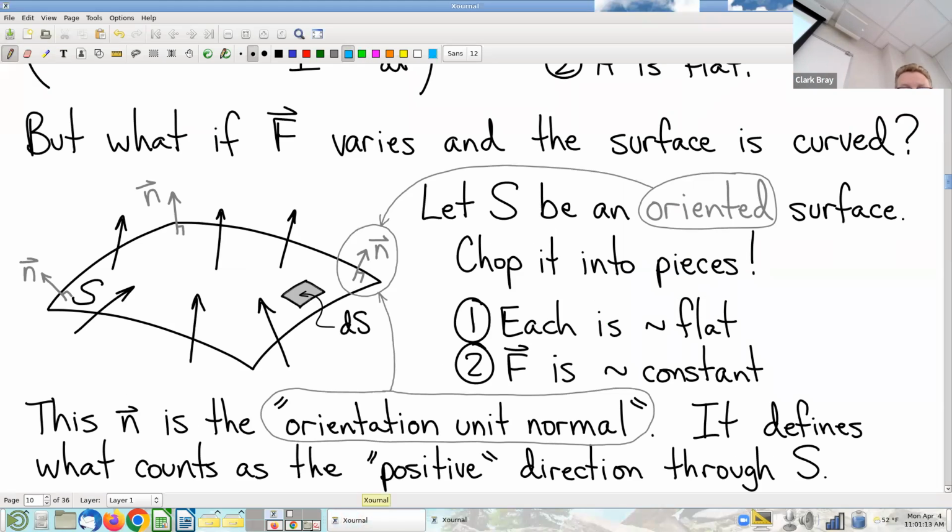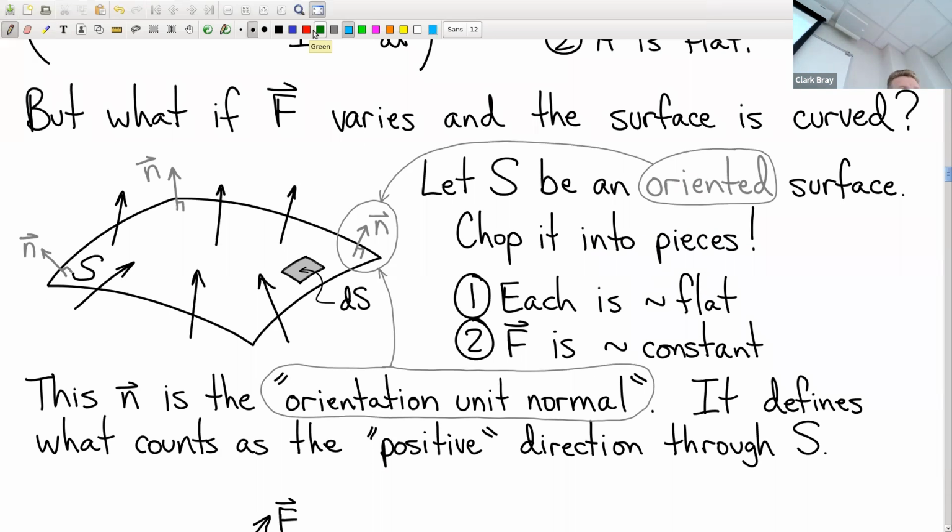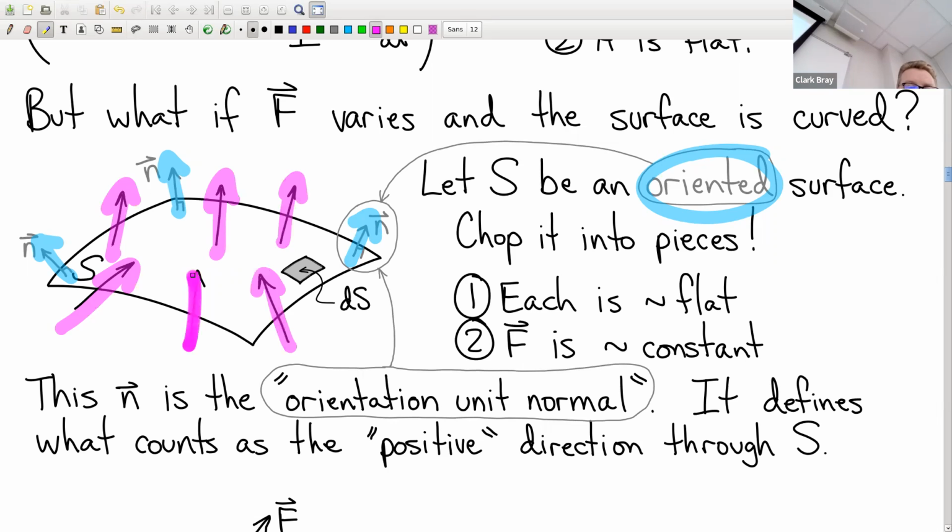Okay. Well, there's an analogous story here. If you want to talk about how much fluid is going through your surface, and through which direction, if this is what I consider to be the positive direction through the surface, then as I have it drawn, this vector field would appear to have a positive flux because all the water is going through in the indicated direction.